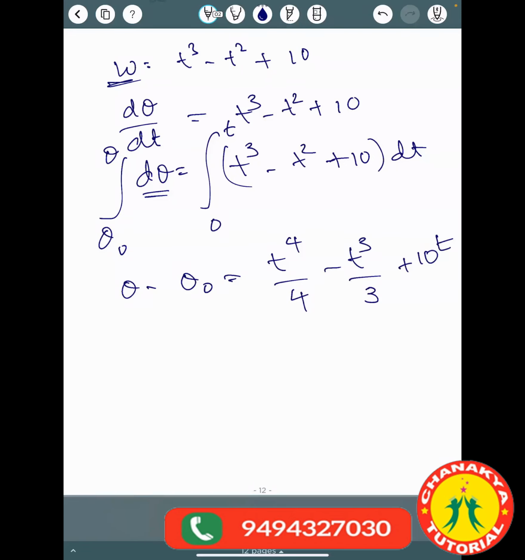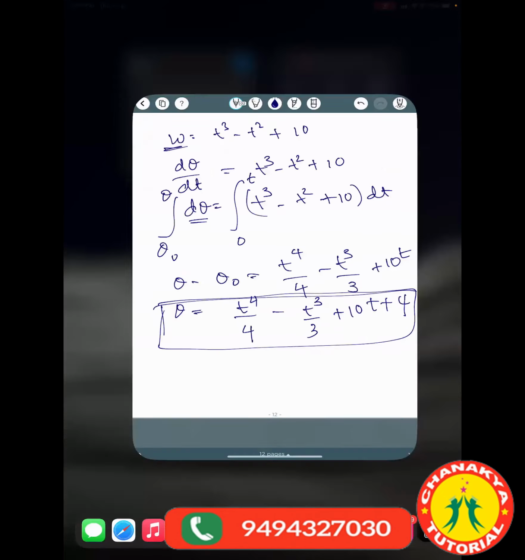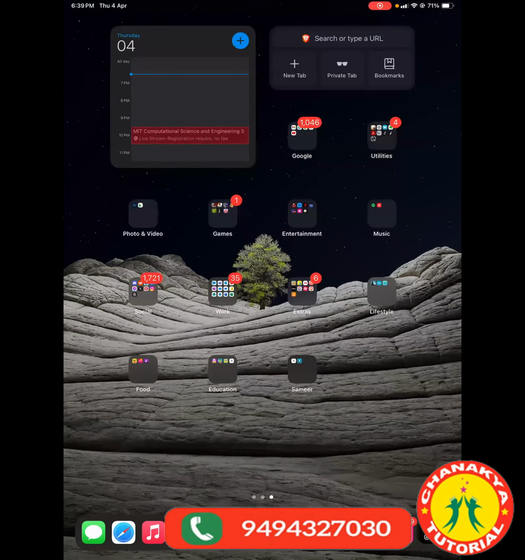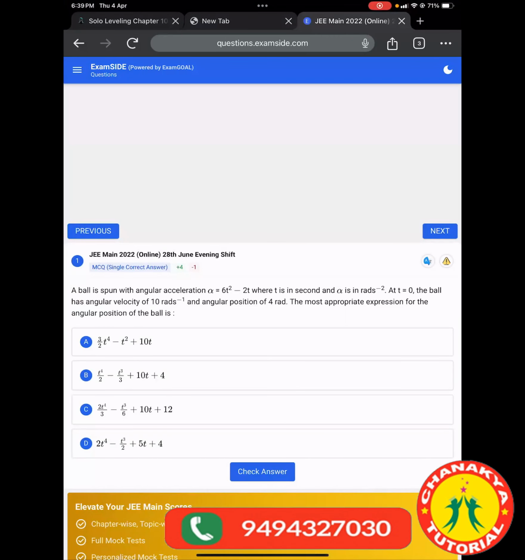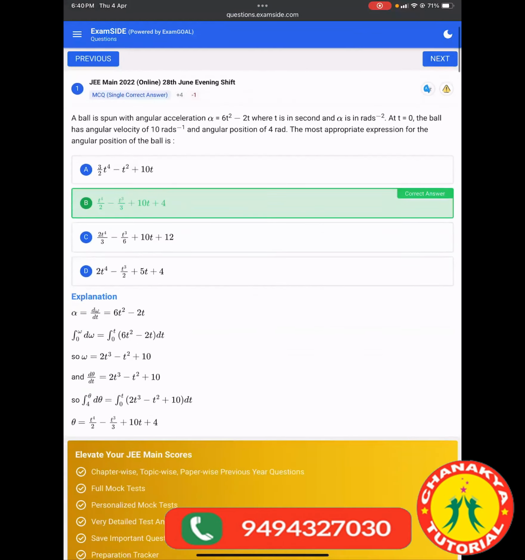Theta naught is 4, so theta is equal to t to the power 4 by 4 minus t cube by 3 plus 10t plus 4. This should be the answer. Understood, guys? So it should be t power 4 by 4 something plus 4. There should be plus 4, so there is only one option. That is option B.